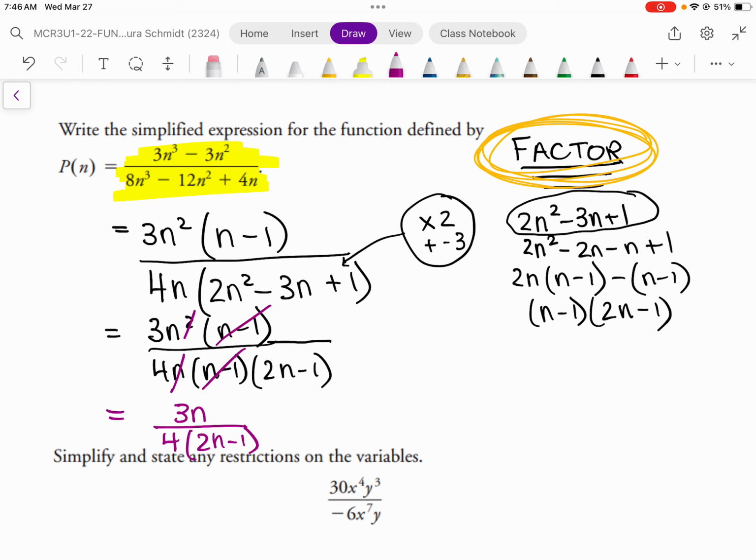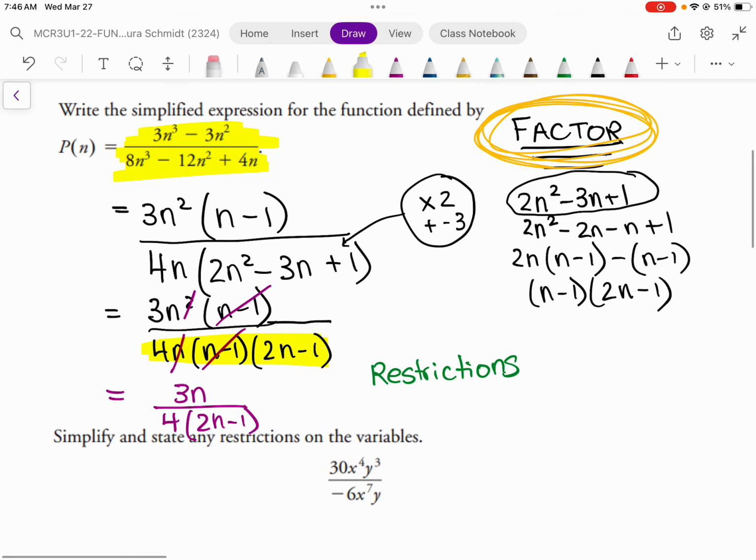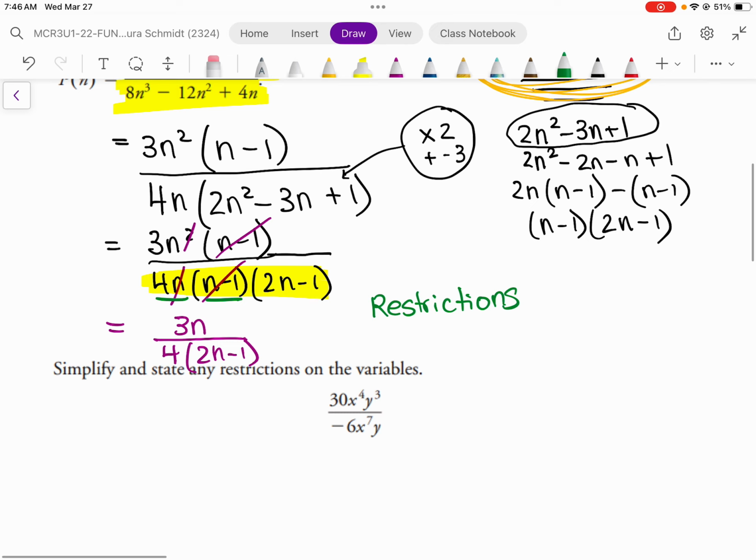And then if I had to write restrictions, which usually it will tell you to do, all you do is examine the denominator, even the stuff you canceled out. You take each term, and this would be my advice: set each term and say that it cannot equal 0, and then isolate n.